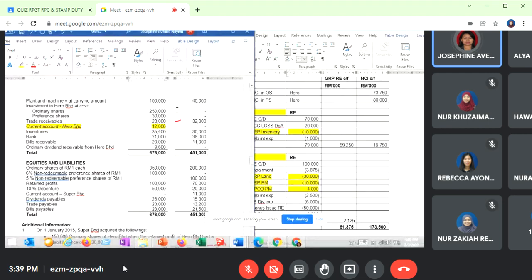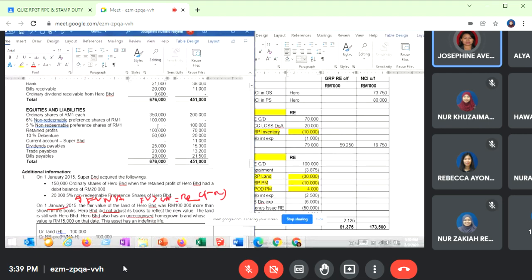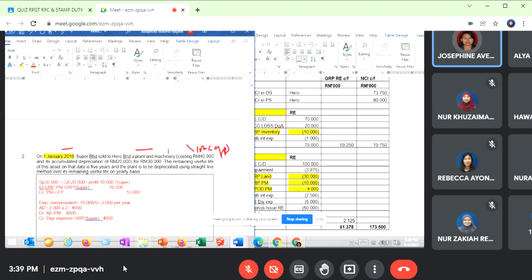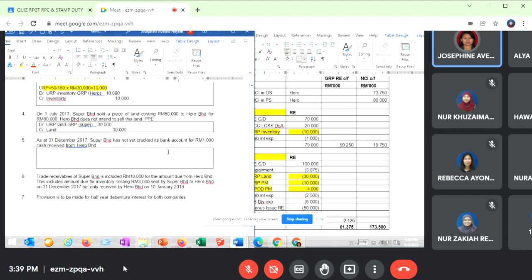This is in the book of the parent, and in the book of the subsidiary there is another current account, 11,000. So you see there is a difference of 1,000. Meaning this entity, Hero, has already paid 1,000 to the parent company, but the parent has not received. So there is a cash in transit.